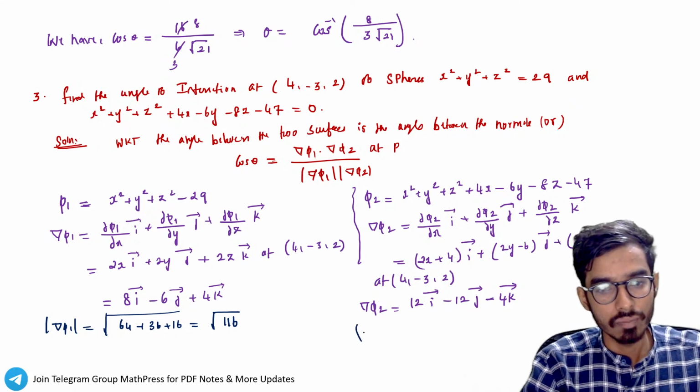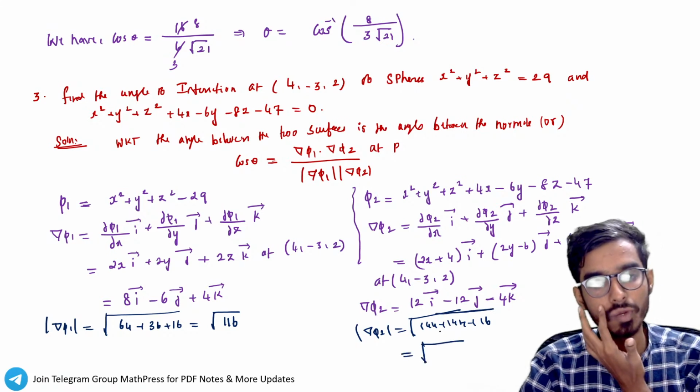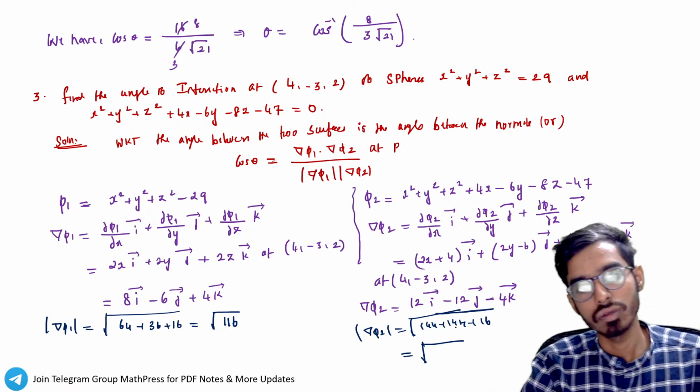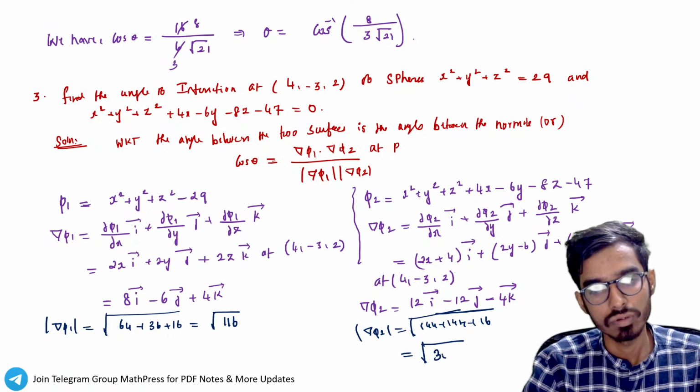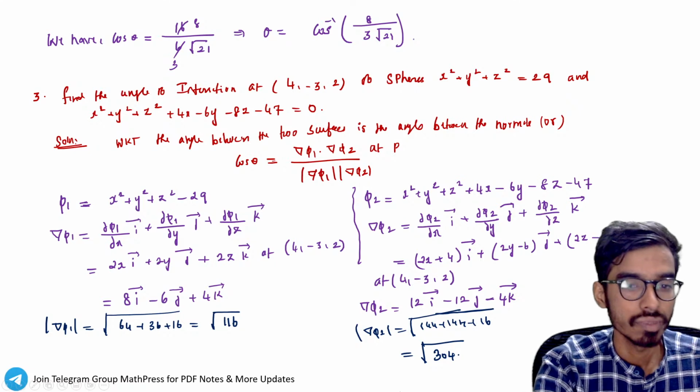What about modulus of del phi 2? It is root of 144 plus 144 plus 16. 144 plus 144 will be 288, plus 16 will be 304, so root 304.